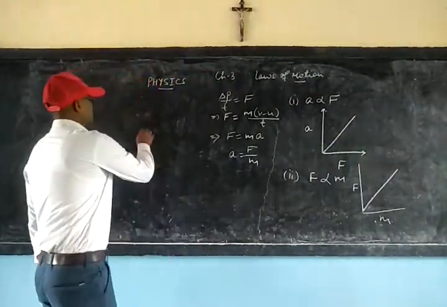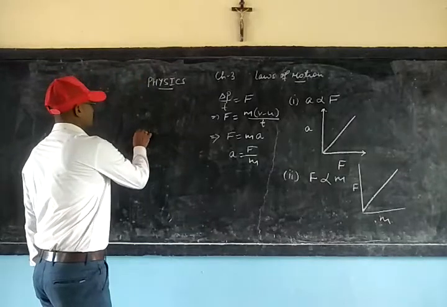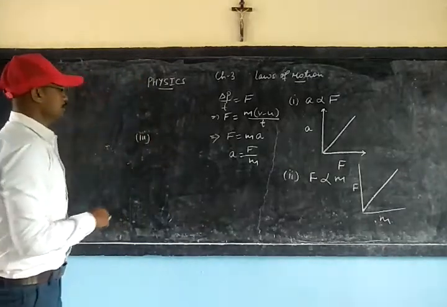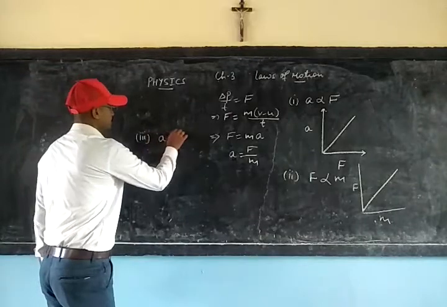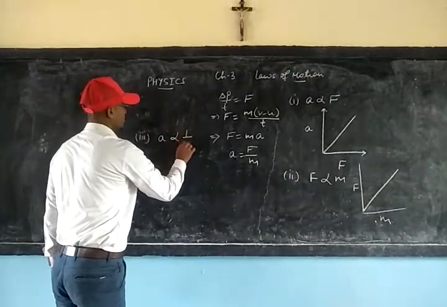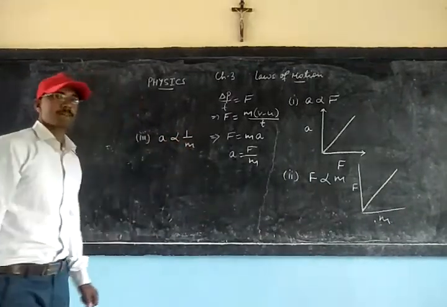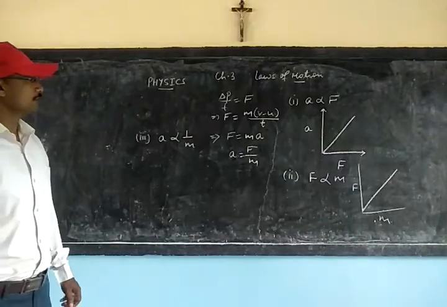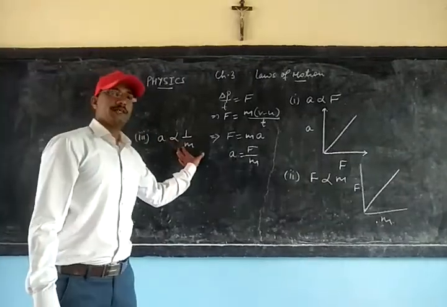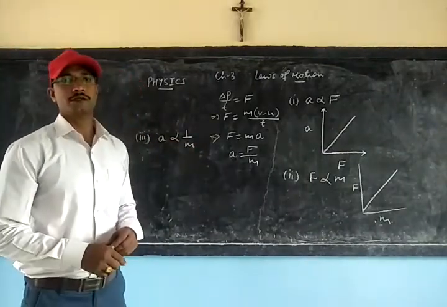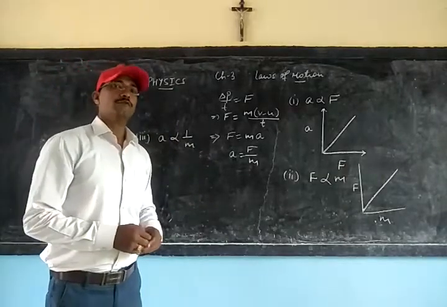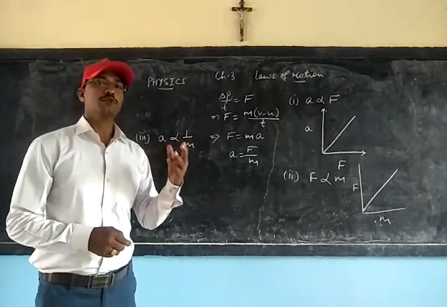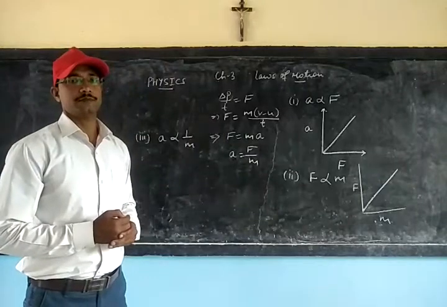Now coming to the third relation, that acceleration is inversely proportional to mass of the body, which means that if a body has greater mass, with the force applied on it, it can produce a very small acceleration.